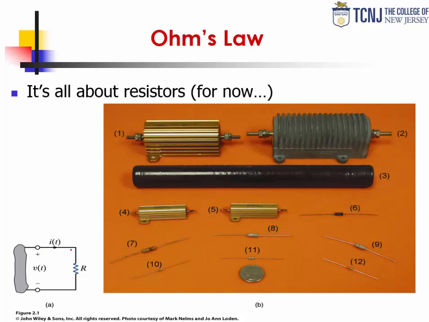A current is going to be forced through the resistor, and the resistor is going to try to oppose that flow. And we're going to see that there is an algebraic relationship with that.